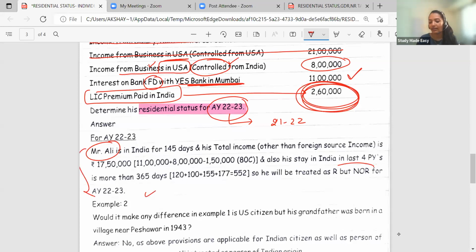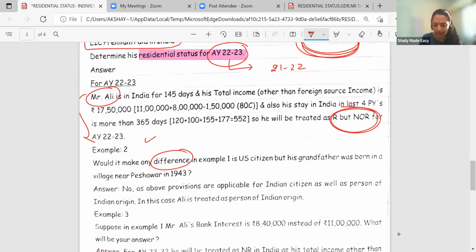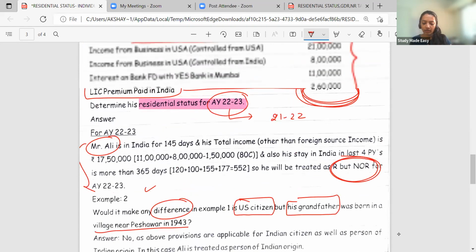So Mr. Ali, after looking at everything, what is this? Resident and not an ordinary resident. Okay. Second example: would it make any difference if an example is a US citizen but his grandparent was born in India, born in undivided India? So tell me, is there any difference when grandparents were born in undivided India? You remember, grandparents born in undivided India, he is a person of Indian origin. So when he is a person of Indian origin, I know it applies to both Indian citizen as well as person of Indian origin.